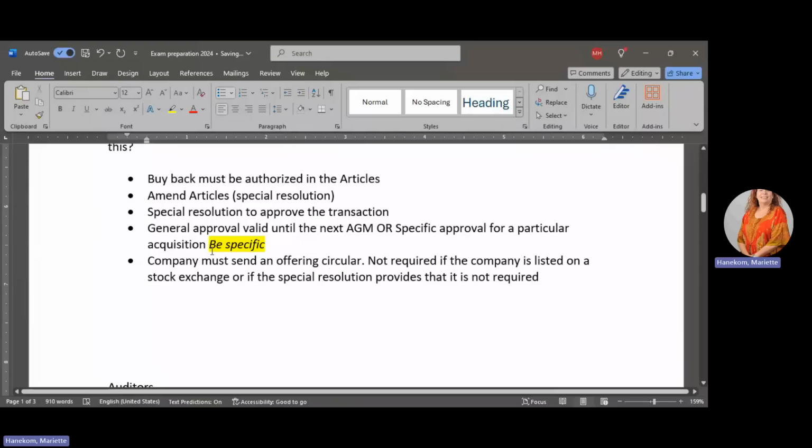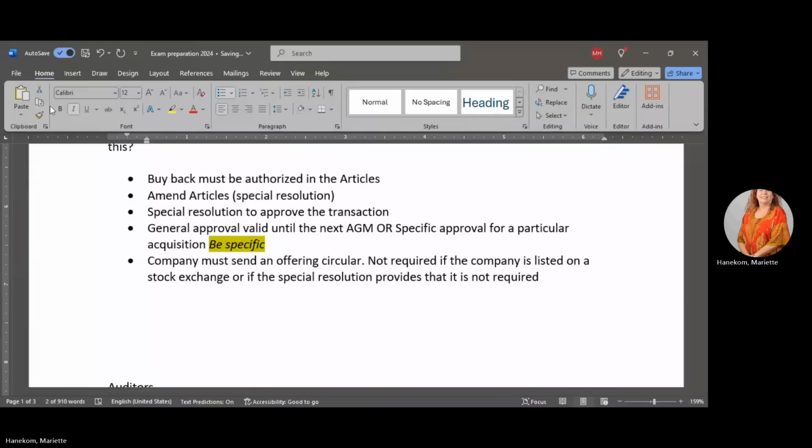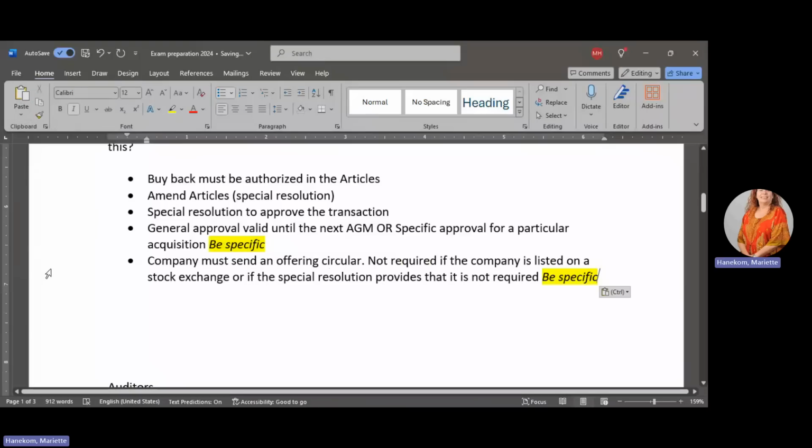Once again, I don't want you writing, the company must send an offering circular. The offering circular is not required if the company is listed on a stock exchange or if the special resolution provides that it is not required. Tailor make your answer.